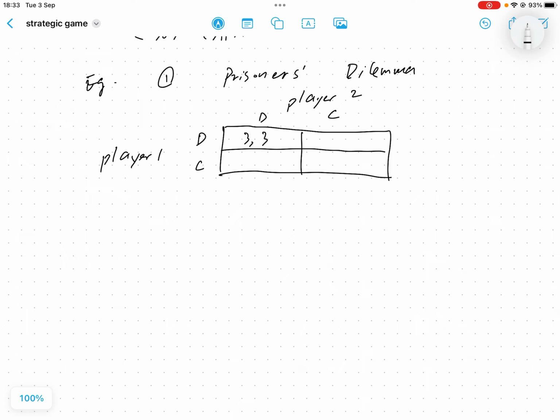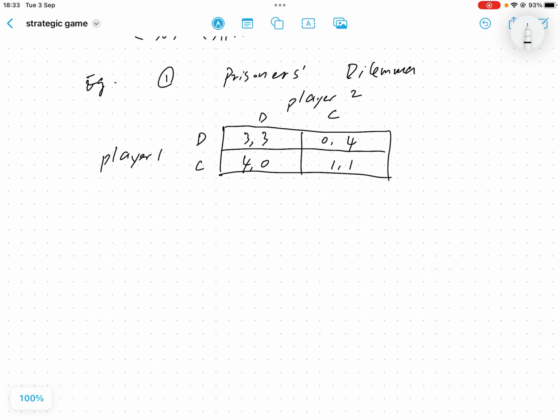This leads to 0 for this person and gives a higher utility, 4, for the other one who is confessing. Similarly, we have 4 and 0 here. And if both players are confessing at the same time, then we have 1 and 1. So that's the very first example of the simultaneous move game.